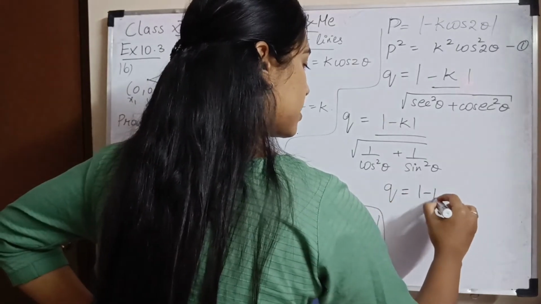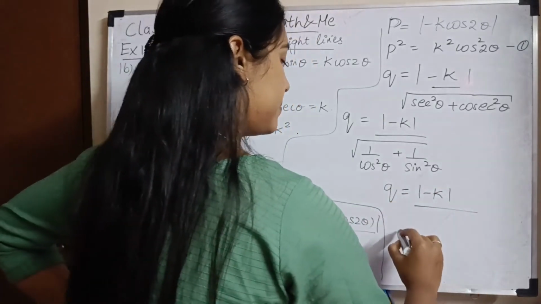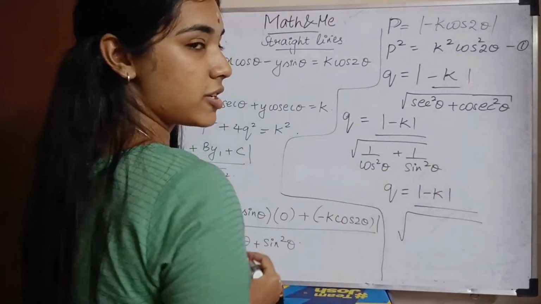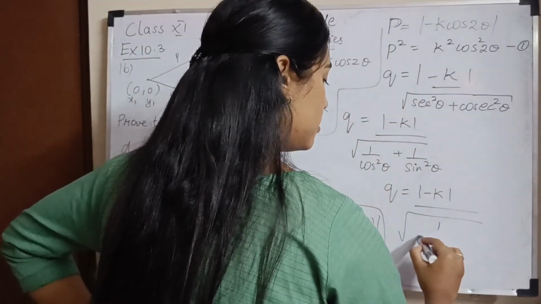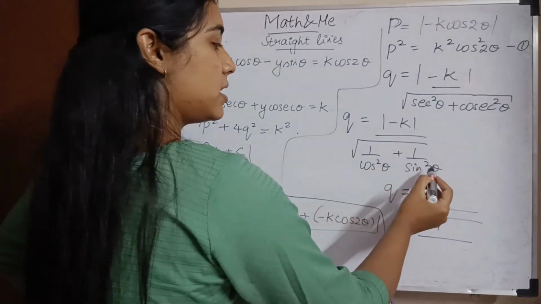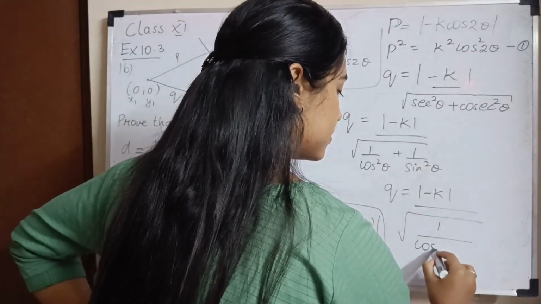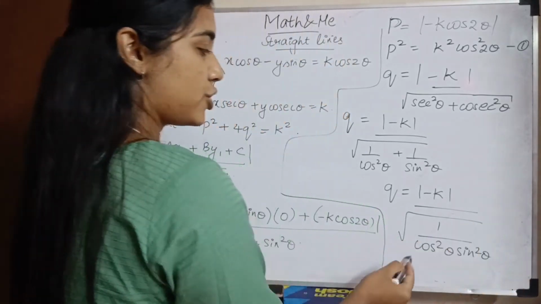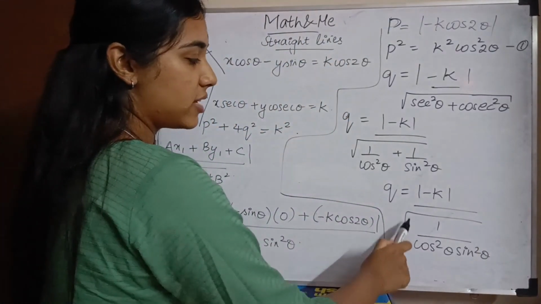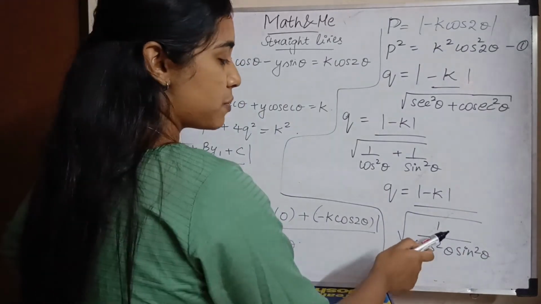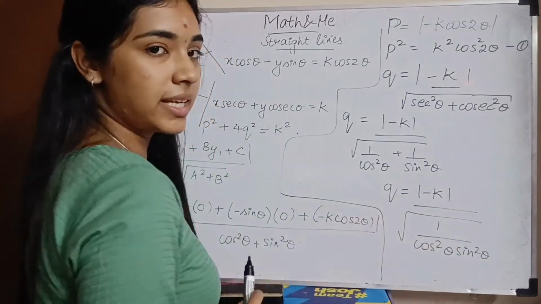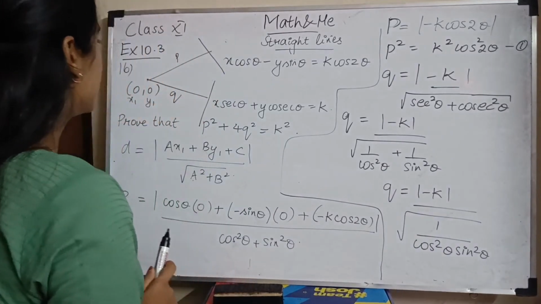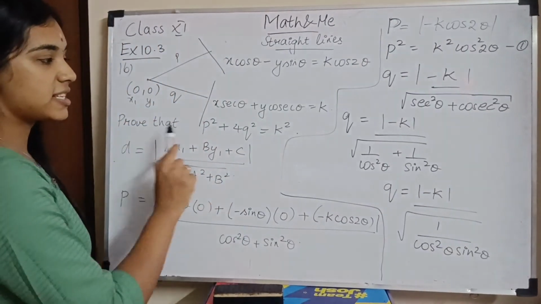Q equals minus k divided by square root of sin square theta plus cos square theta, which is 1, divided by cos square theta sin square theta, which is inside the root. So when I take the square root outside, this becomes 1 by cos theta sin theta, which comes to the numerator. Clear?